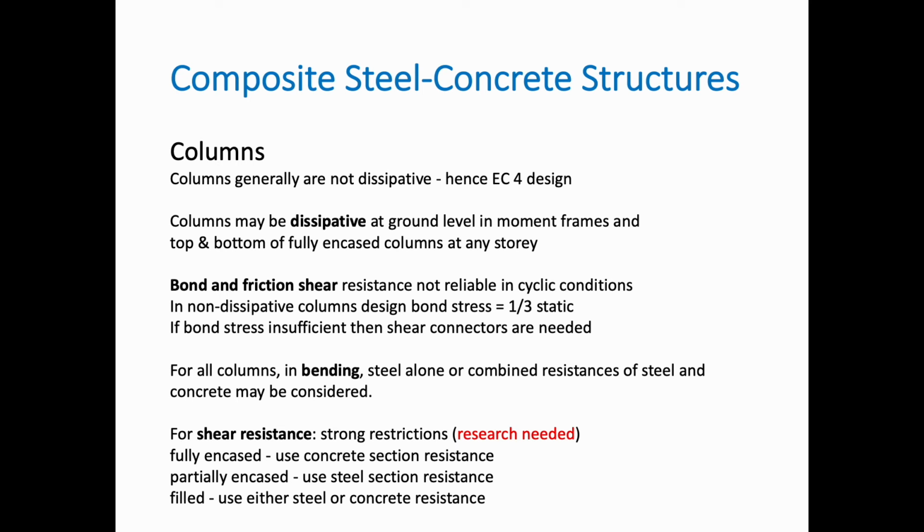When we have partially encased, we use the steel. And when we have a filled member, so it's a steel member filled by concrete, then we use either of the two. As you can imagine, all scenarios are on the lower bound, so we are under designing just so that we have a safe number, but we know that this is not really representative.